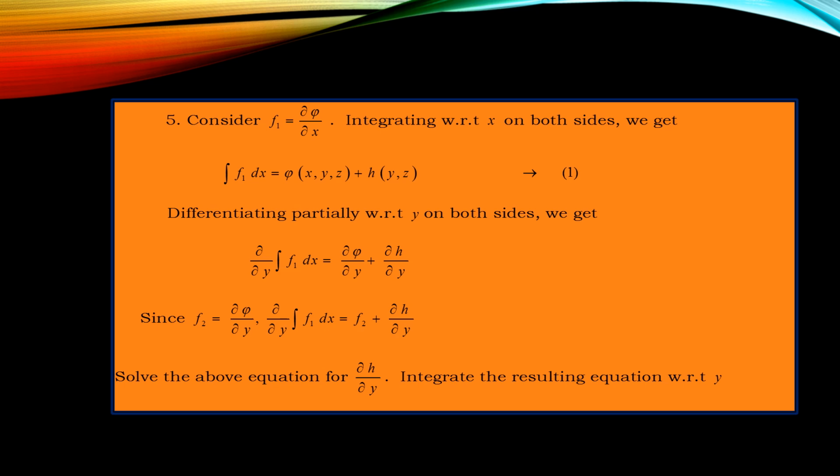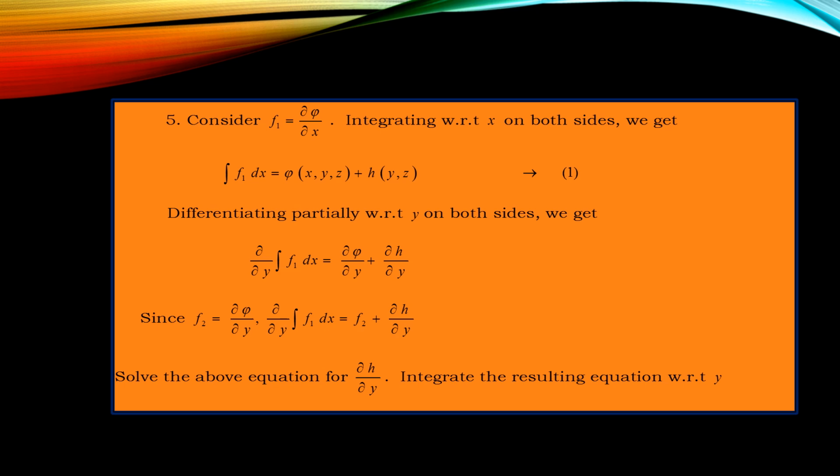In this equation, we know the value of ∂φ/∂y. It is nothing but the second component function f2. Let us substitute f2 in the place of ∂φ/∂y. Then this equation can be rewritten as ∂/∂y integral f1 dx equals f2 plus ∂/∂y h(y, z).